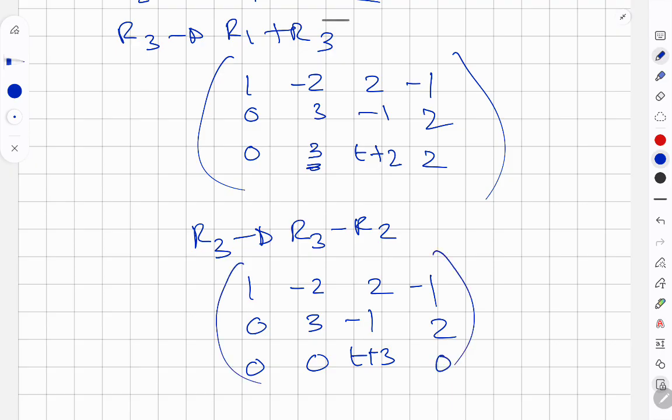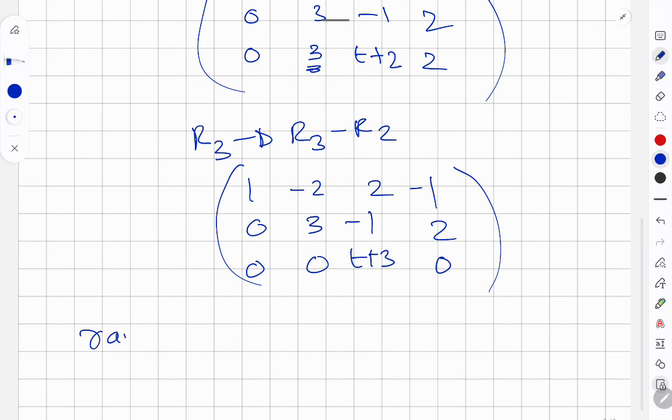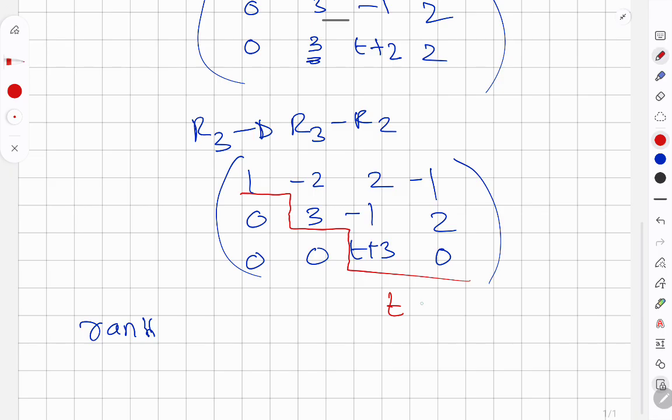So now the question is find the rank. Rank is the number of steps that you got, but now there is a trick. If t plus 3 becomes 0, you will have 2 steps, right?